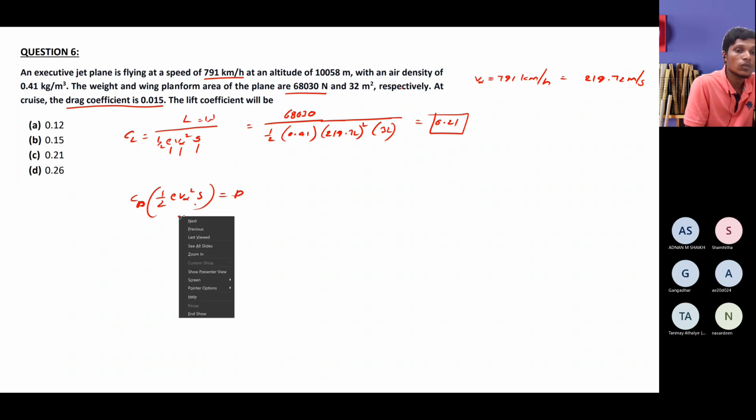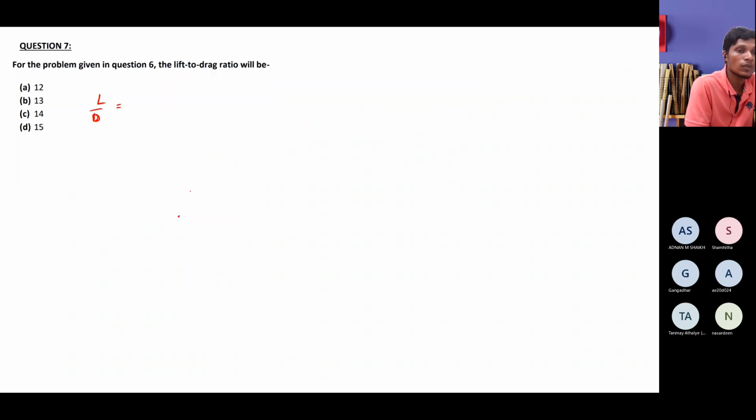Or else one more thing we can do, let me show you how. This is the lift coefficient. Lift I can write as CL times half rho V infinity square into S. In the same way, drag I can also write as CD times half rho V infinity square into S. If you simplify this, L by D is nothing but CL by CD.